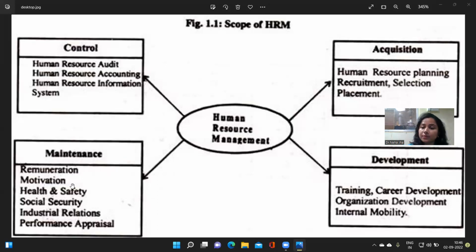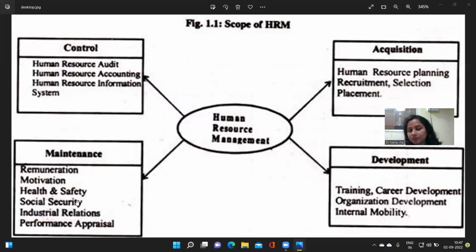Next one is motivation, because their mentality is not the same every time. The motivation level keeps on increasing or decreasing. So we need to make them stable so that they can work towards the organizational goal, and every time they feel energetic enough to do any particular task.